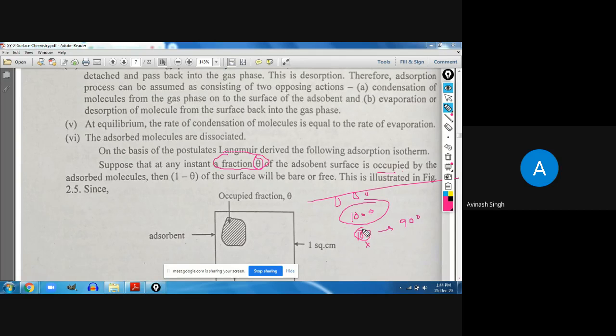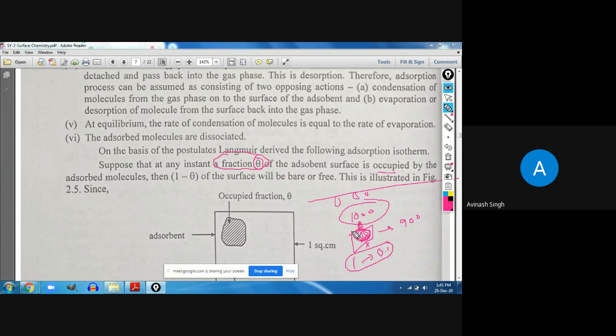Theta is this: 100 out of 1000. So if we want it out of 1, how much will be the answer? देखो, 100 occupied spaces out of how many total spaces? 1000.